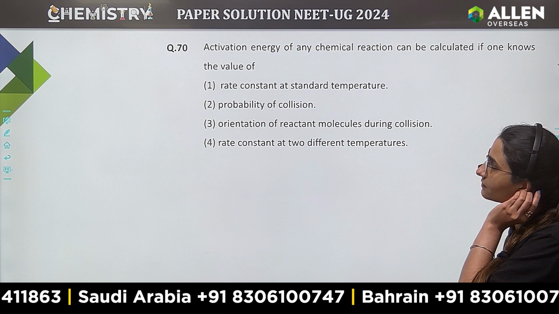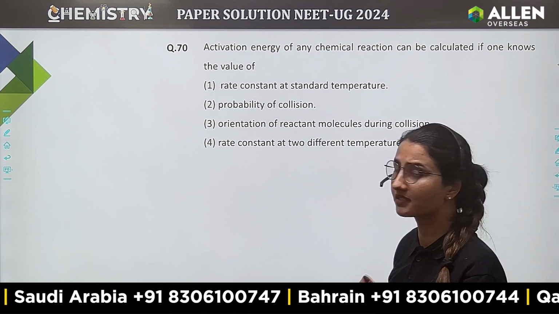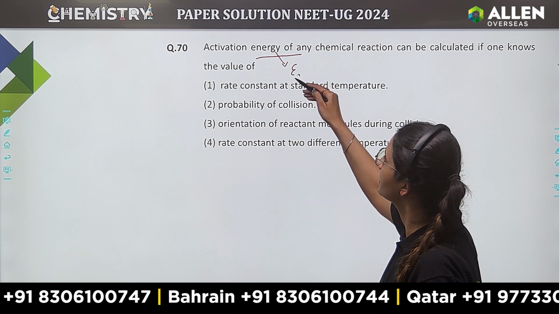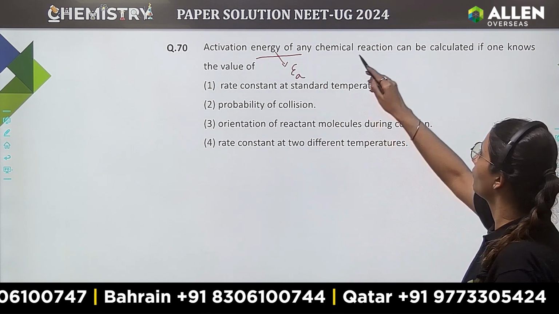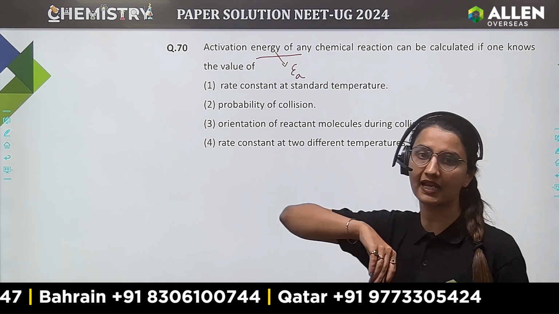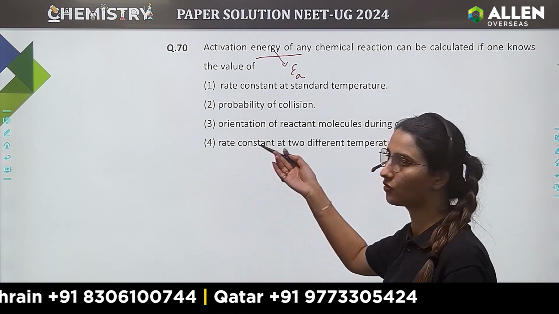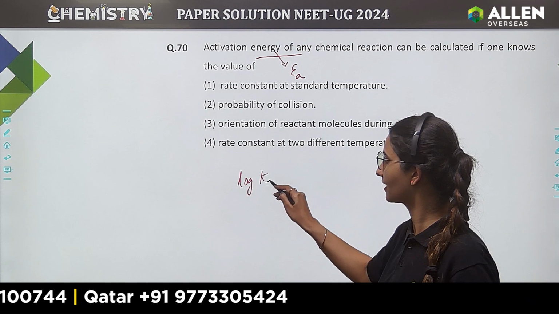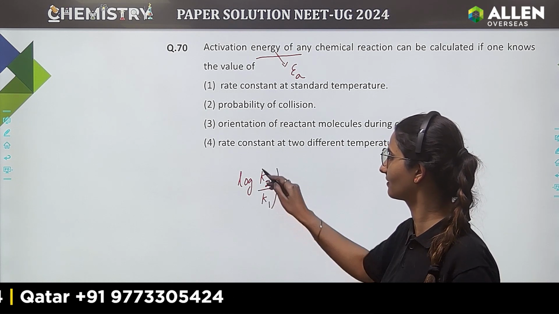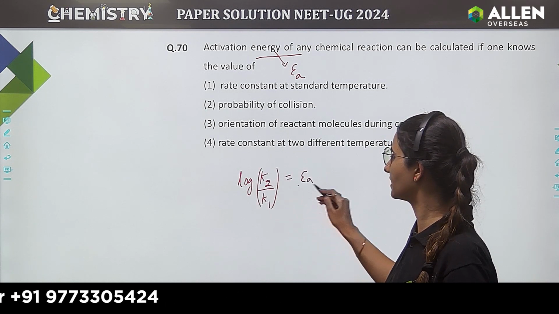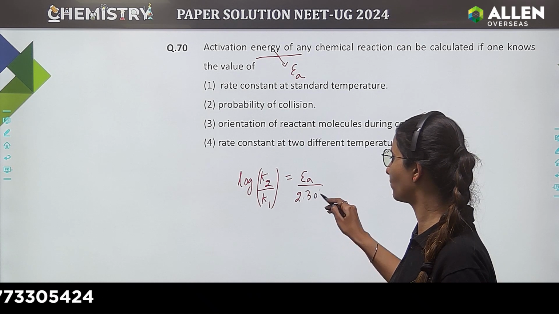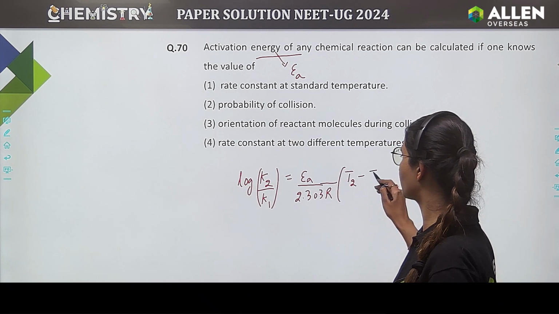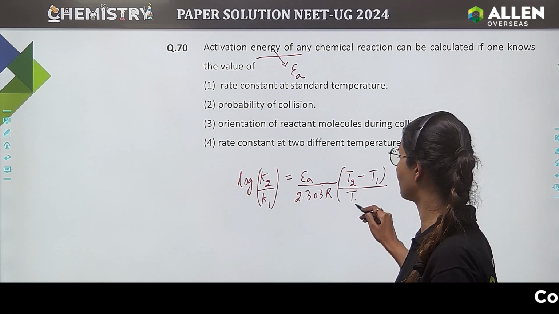Okay. It's also an easy question, students. Activation energy. What is activation energy? Denoted by Ea. For any chemical reaction it can be calculated if one knows the value of... Have you seen this formula? log K2 by K1 is equal to Ea by 2.303 R into (T2 minus T1) by (T1 into T2).